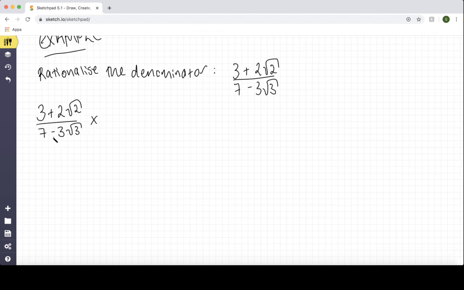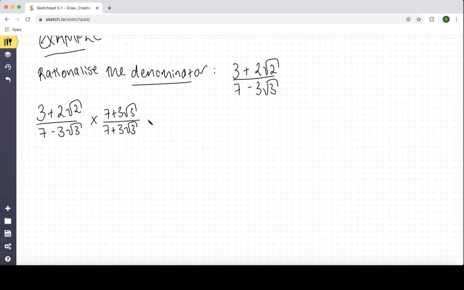We've got our minus sign here, and in order to use our difference of two squares, we need to times it by the same thing, but with a plus sign. So this is going to be 7 plus 3 root 3, and because this needs to be equal to 1, 7 plus 3 root 3 is on top as well. It doesn't really matter what you end up with on the top, because you're rationalising the denominator, it's what's on the bottom that counts.